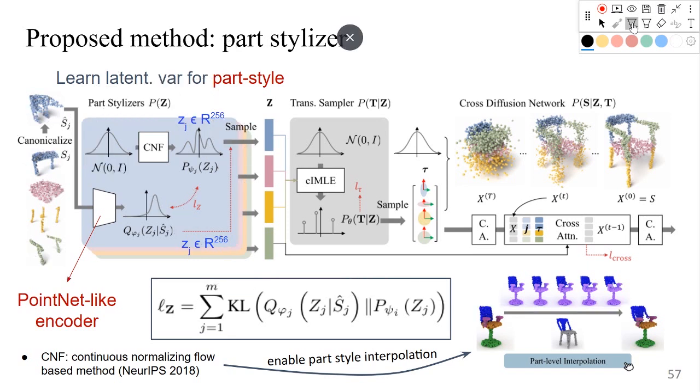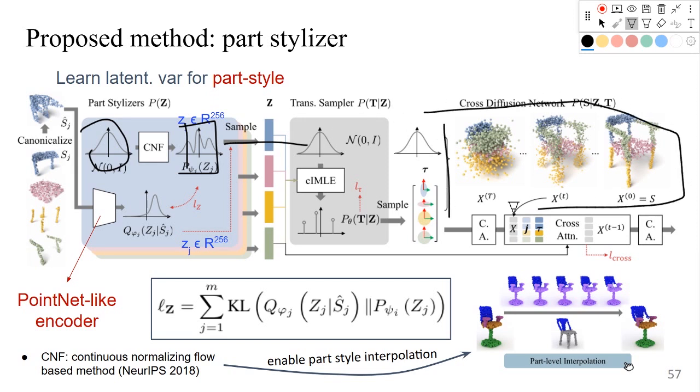And later, from the output for the interpolated input here, we can generate the final shape output. It looks like this. Yeah, so this is the reason why they use this CNF. If you want to know more detail, you can read this paper from NeurIPS 2018.